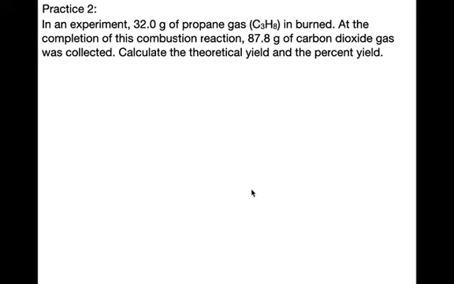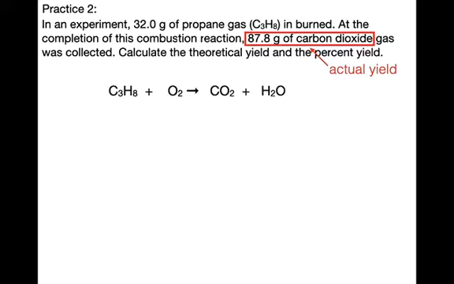Okay, first, clarify the actual yield, the 87.8 grams of carbon dioxide. Our balanced equation, it's a combustion reaction, so remember you have to have oxygen in that reaction. Okay, so to balance the carbons, balance the hydrogens, and then to balance the oxygens. We start with 32 grams of the propane, and we're interested in the carbon dioxide, the theoretical yield.